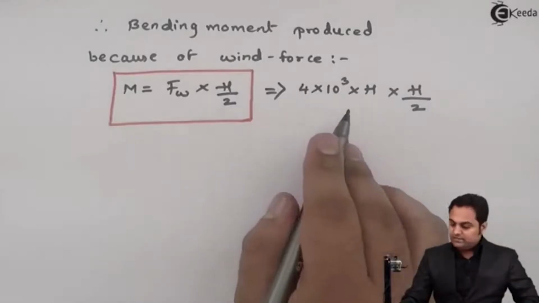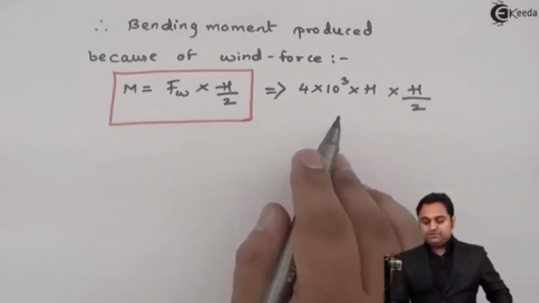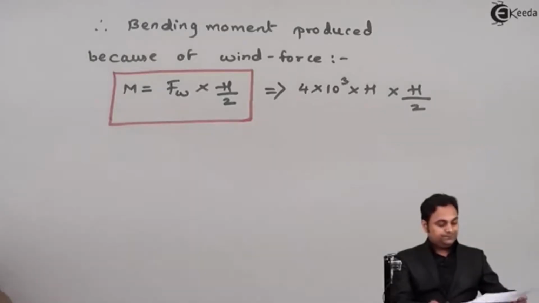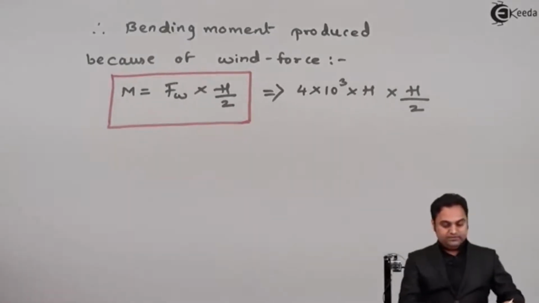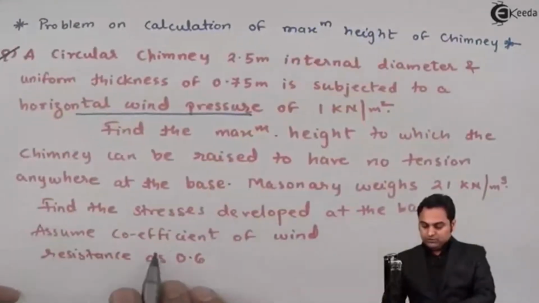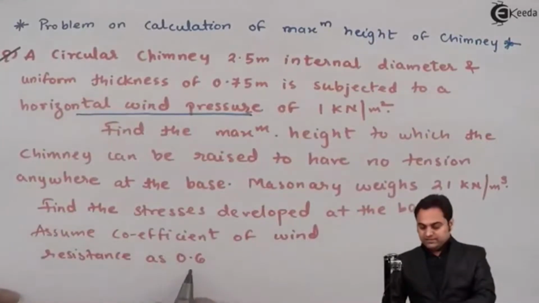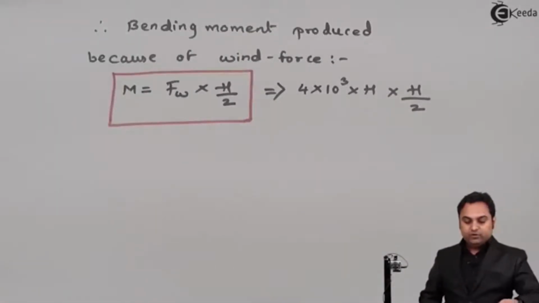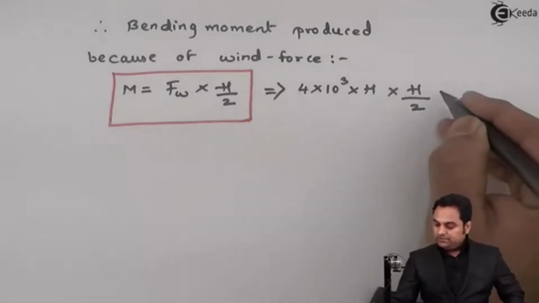In this problem, since they have given the wind resistance that we have to use, it was given to assume the coefficient of wind resistance as 0.6, so we have to multiply it here.